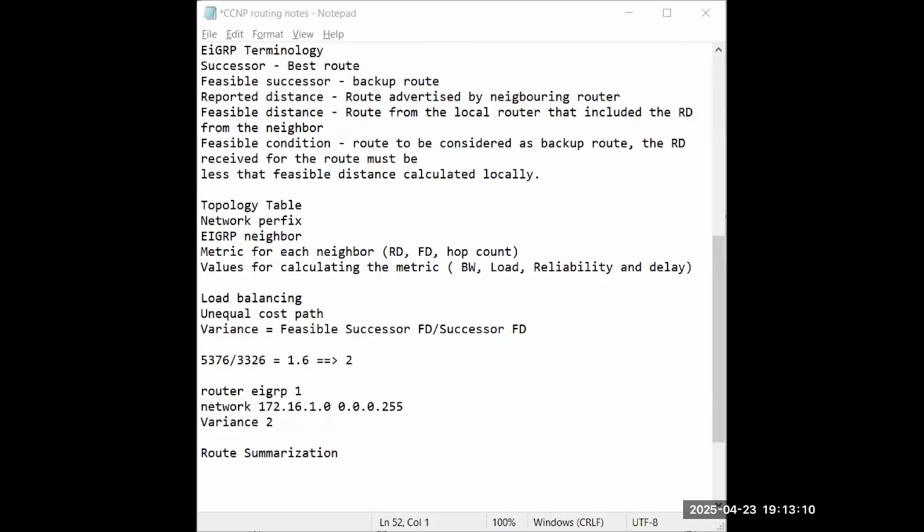We summarize the network prefix at the interface level. We are going to apply the summarization on the LAN interface, not in the router EIGRP process. An aggregated summary of the IP addresses is applied at the interface level. Why do we want to go for a summary route?